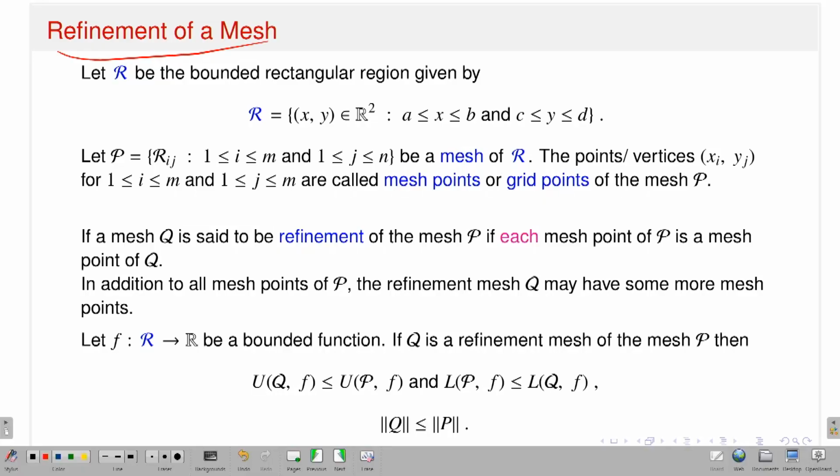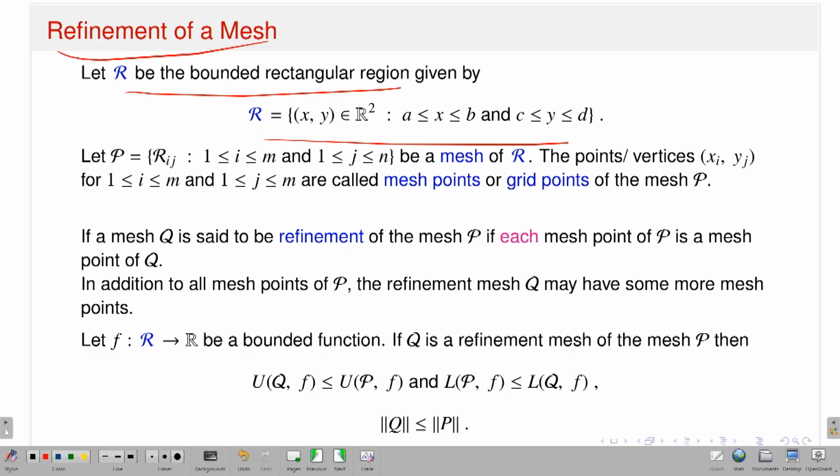Okay. Before I start, I want to define my Riemann integral in terms of Riemann sum. So before that I need what is called refinement of the partitions, or refinement of a mesh. So what is that? Suppose you start with a bounded rectangular region. Let R be a bounded rectangular region, that means R is of the form that I already explained.